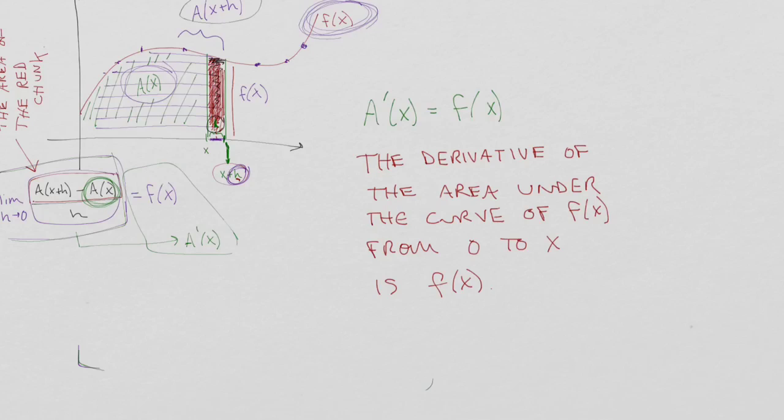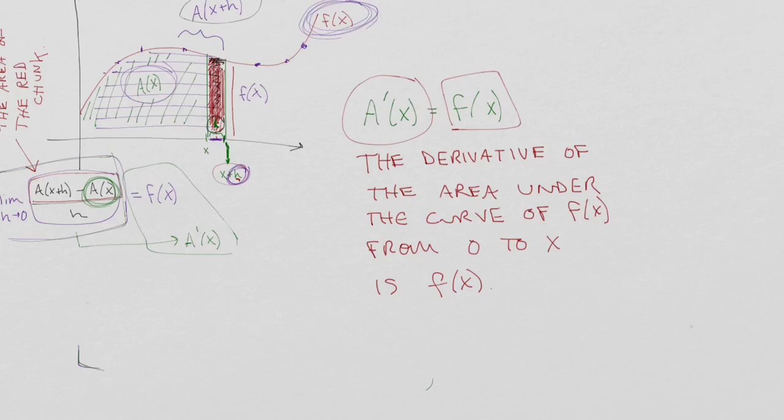I'm making this audacious claim that the derivative of the area underneath the curve of f of x from 0 to x is f of x. The derivative of the area is the original function.